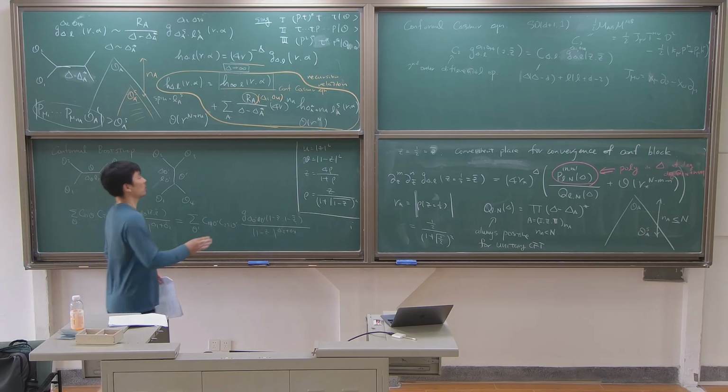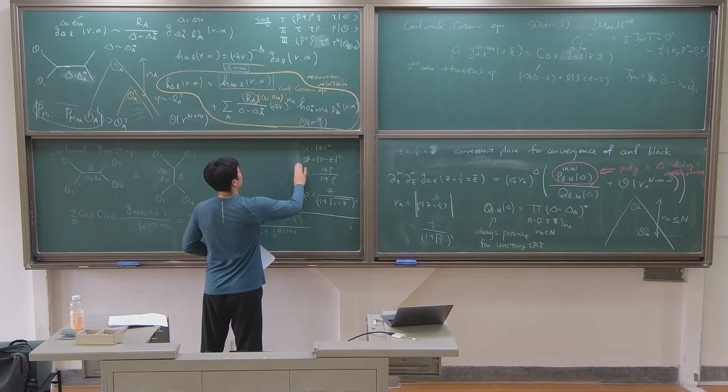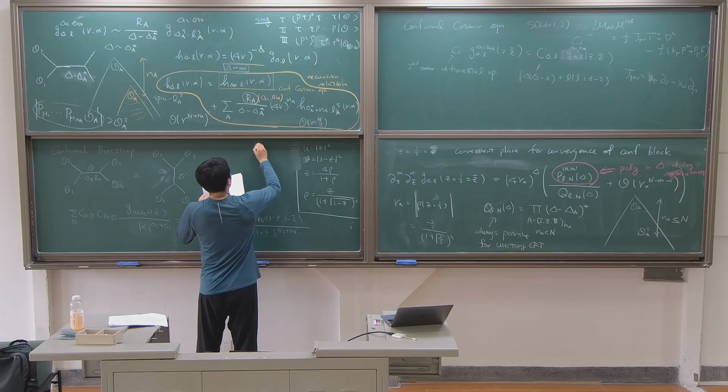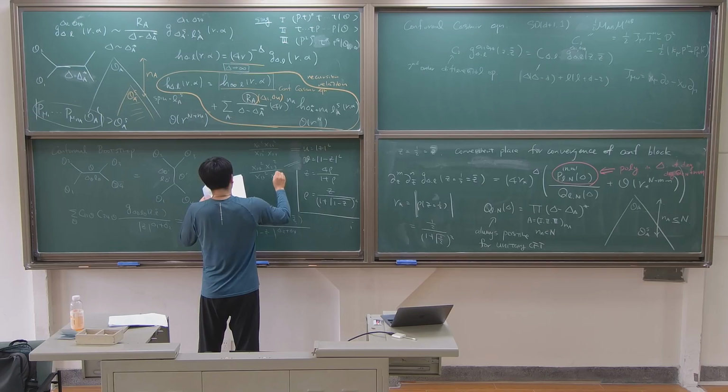As you recall, this U is in fact something like x12 squared, x34 squared divided by x13 squared, x24 squared, whereas this V is x14 squared, x23 squared divided by x13 squared, x24 squared.